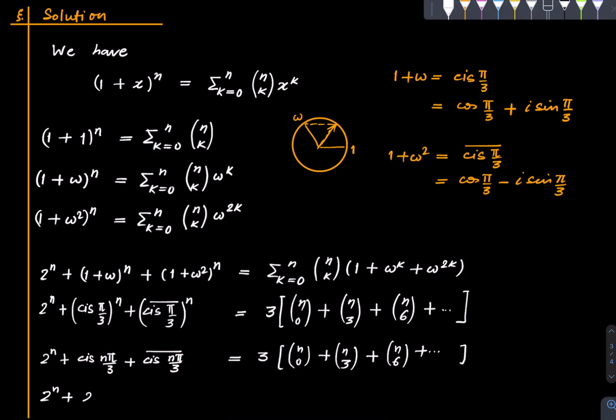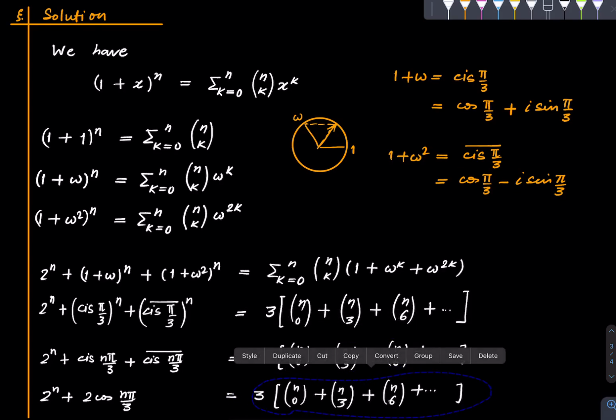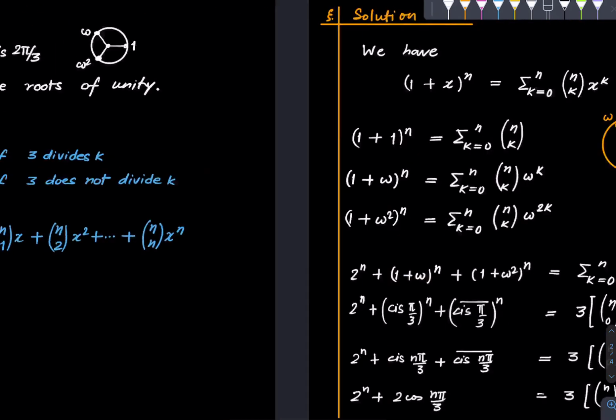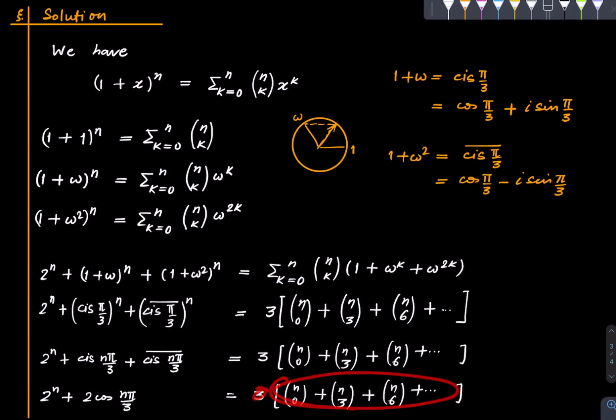This is 2 cos n pi by 3. And that is 3 times, that is the right hand side. Copy, paste. Wonderful. And I think this matches with what we wanted. So what we wanted to show is 1/3 of that thing is the required quantity, and we have 3 times the required quantity is that thing. So if you just divide by 3, you get the correct thing.